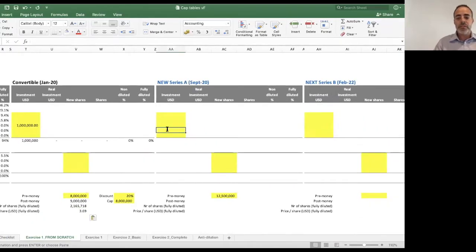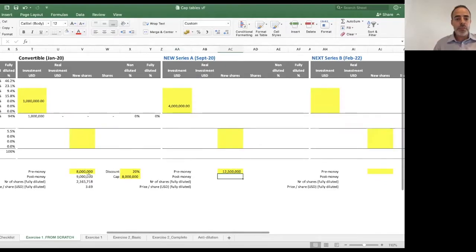So Gamma Ventures is gonna give me 4 million. I keep putting too many zeros. The post-money valuation will be 12.5 plus 4 million, okay, which means 16.5.